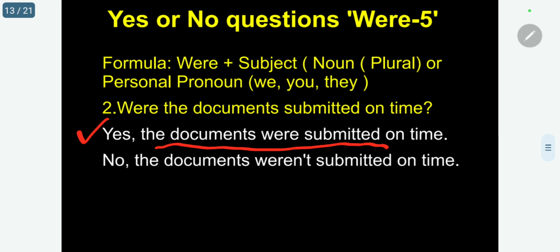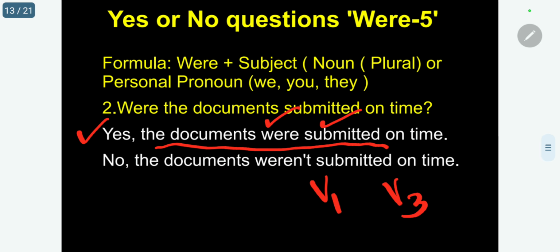But when we have "you", I am using "I". If it is plural, I am using "we". Yes, the documents were submitted on time. Another important point you must understand here: "were" is the auxiliary verb, "submit" is the main verb, V1. "Submitted" is the V3 verb, the past participle.